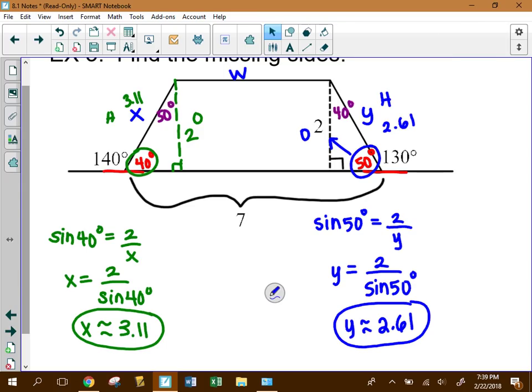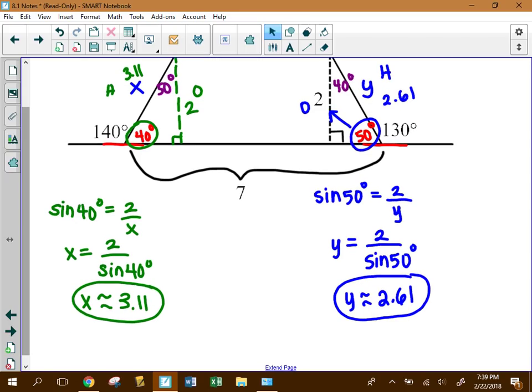And we do know two sides of a right triangle, so we could use the Pythagorean theorem to find the third side of those right triangles. We could also just use right triangle trig again to find this third side. I'm going to call the one on the left A and the one on the right B, again, just to have a reference. And so if we're trying to find A, I know opposite and I know adjacent. When we're trying to find B, I know opposite and adjacent, so I'm going to use tangent for each of those.